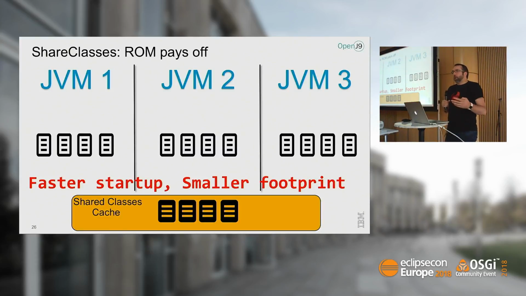In Docker environments you can mount a volume so you could have this shared across different instances if you want it in that sort of scenario. But then you get this faster startup because you don't have to load the classes, and then you have your smaller footprint.